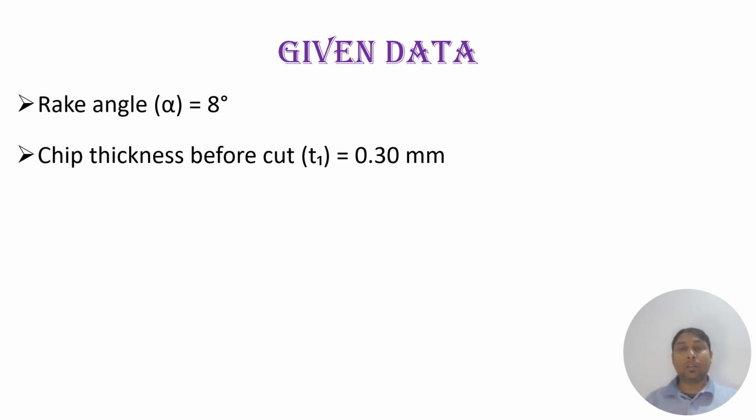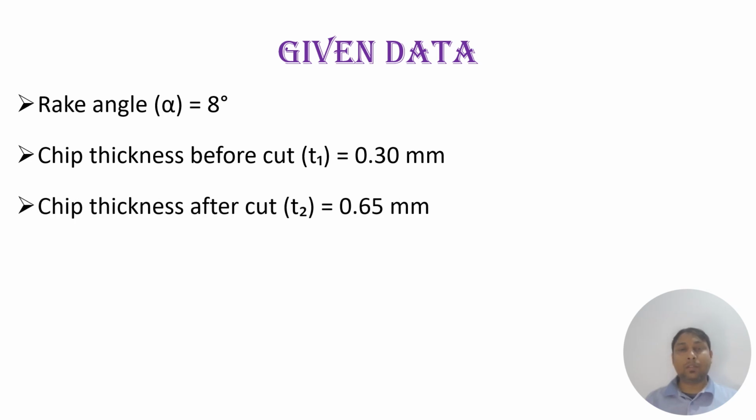Sometimes it is denoted by T naught, so you should not be confused between these terms. Then the chip thickness after cutting is given and it is denoted by T2. Sometimes it is denoted by TC, so do not be confused with this term.